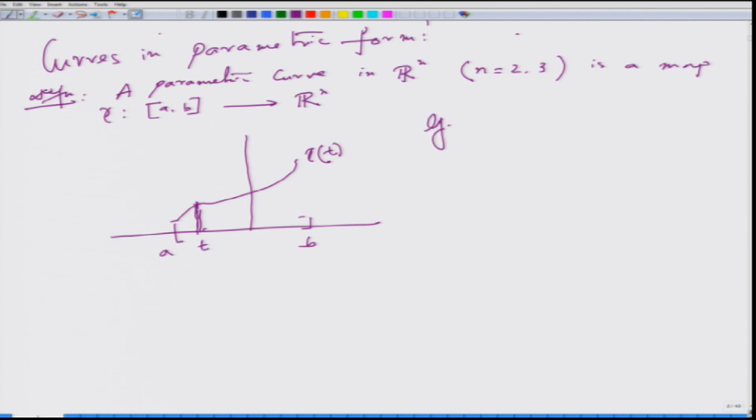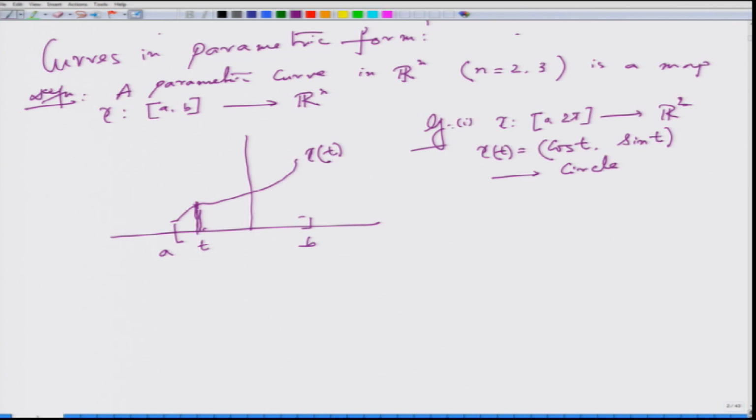Example: let us say gamma on the interval 0 to 2 pi to R^2, gamma(t) equal to (cos t, sin t), and that gives you a circle.